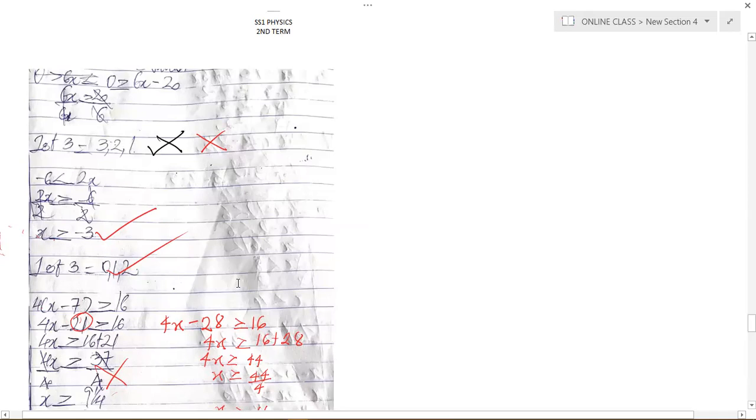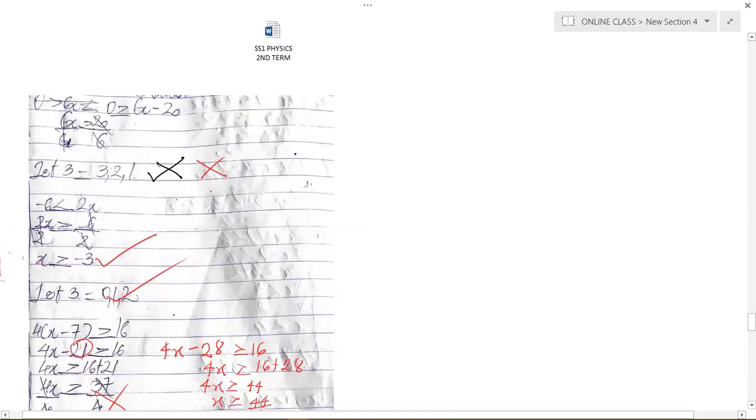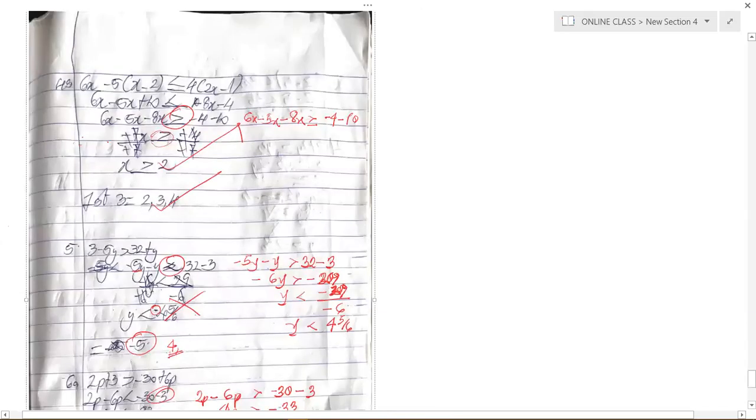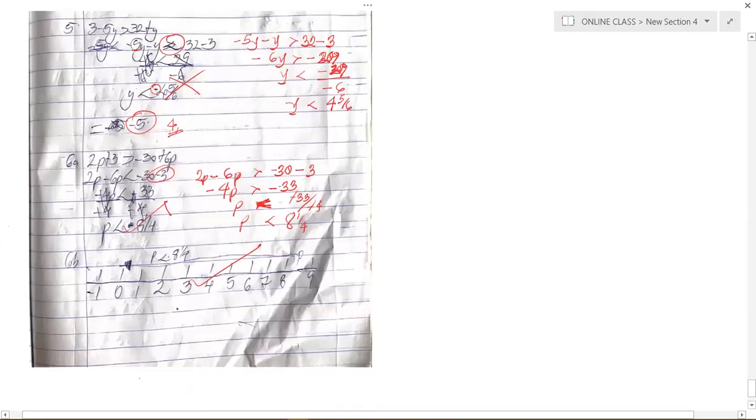Let me check how many. We have 1, 2. Here you got it partially. Okay, Tanya. 1, 2, 3, 4, 5, 6, 7, 8, 9, 10, 11, 12, 13, 14, 15, 16, 17, 18, 19. So you didn't do well.